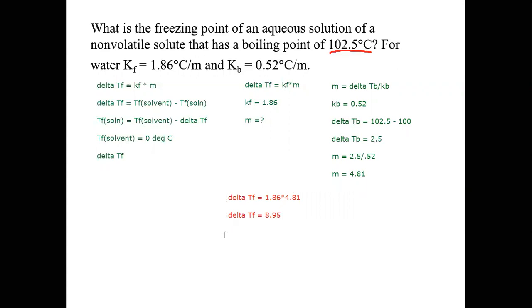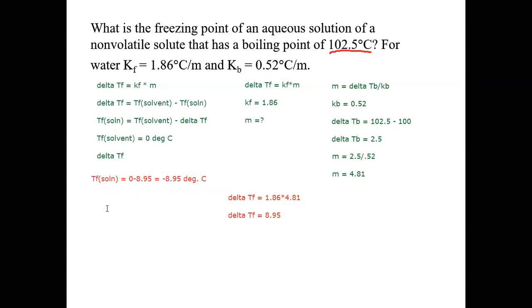Now we have delta TF, we can calculate the TF of the solution, which is the freezing point of the pure solvent minus 8.95. So we get negative 8.95 degrees Celsius.